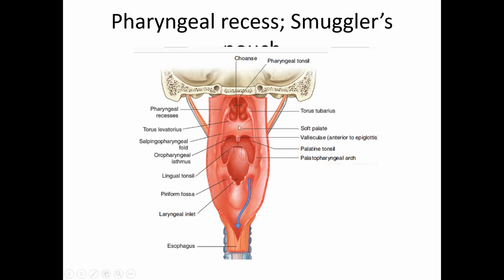In the oral cavity, you can see the soft palate and the uvula, and below is the tongue. So the palatoglossal arch is the communication between the oral cavity and oropharynx.